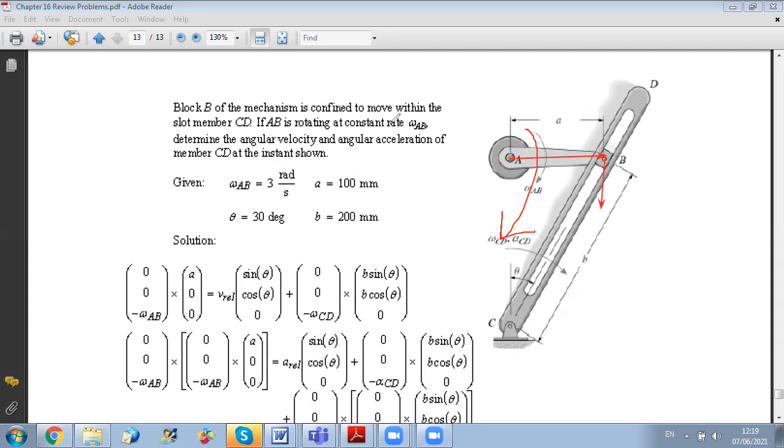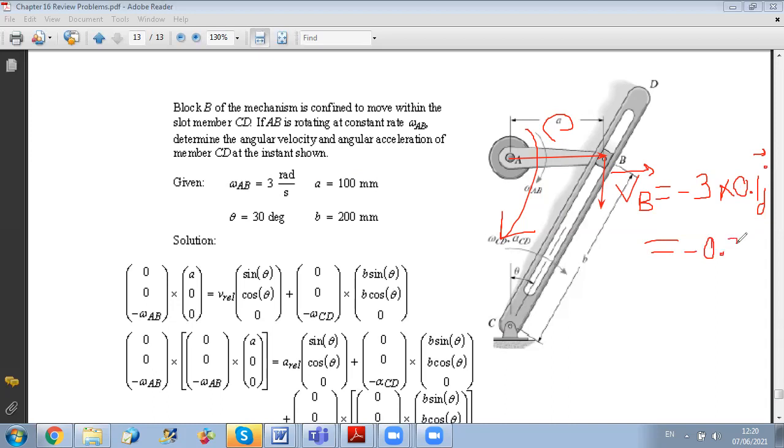So I can write directly that the VB vector is minus omega AB, which is 3, times the radius, which is 0.1, along J. So the VB vector is minus 0.3 J.